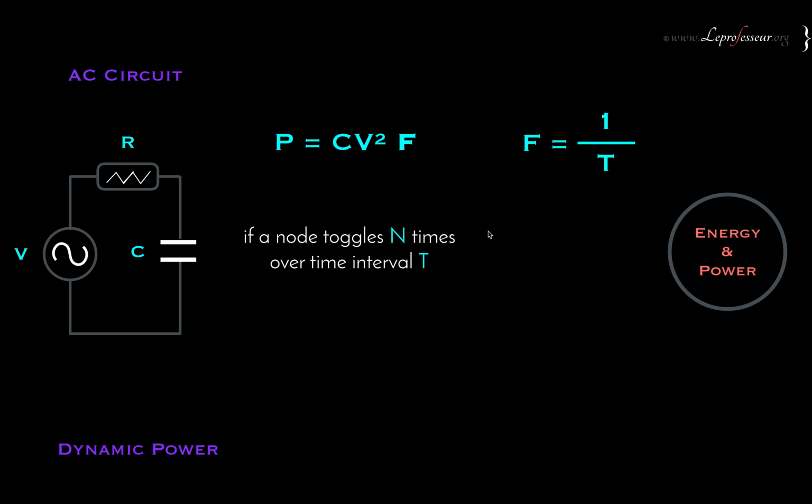Now, an interesting concept here. If a node toggles n times over the time interval T. Here a node can be anything, any signal for example, or say you have a netlist with different points, you may think of those as nodes.